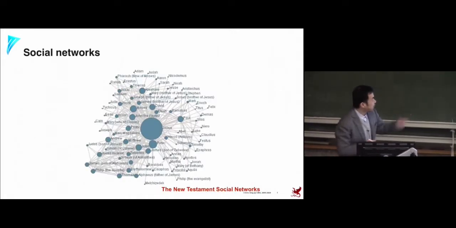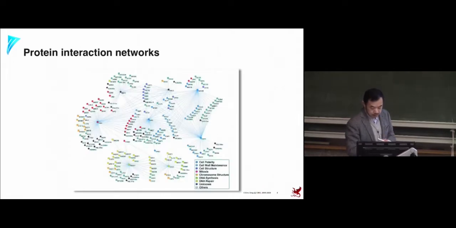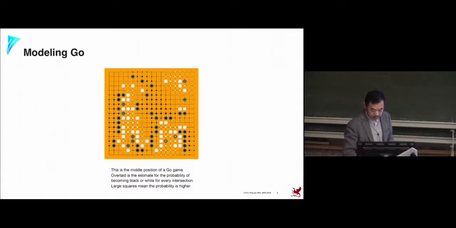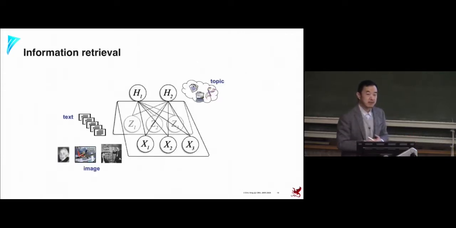We have a few other examples. Social network, you saw it. Protein interaction networks, you didn't see it, but it's very popular in computational biology. Again, they model a kind of mutually symmetric relationship between proteins. In fact, even in other fancier domains, such as information retrieval, you can use this model to describe a relationship between concepts and also entities.